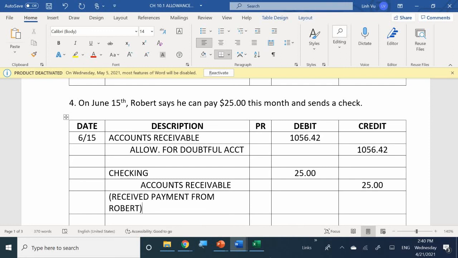We need to do the whole entire amount because we can't predict if he's going to make a payment next month, because if he does, then we have to redo that whole section again. So we're just going to reactivate his entire account. Then we're going to recognize the payment and reduce his amount once again. Everyone good here? Okay.